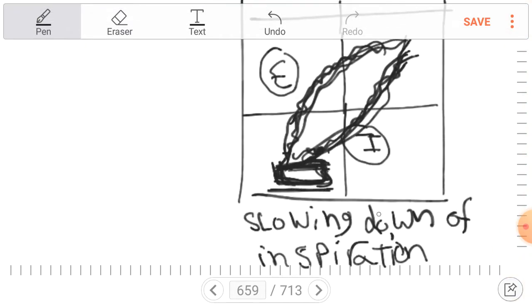This is the slowing down at the beginning of inspiration, because you must overcome the initial surface tension. It takes time to begin the inspiration. Then there is deflation, there is expiration.